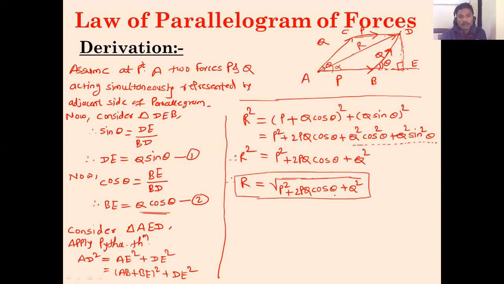Now we want to find alpha. Alpha angle is nothing but the angle made by the resultant with the horizontal. Here it is alpha, the inclination of the resultant.